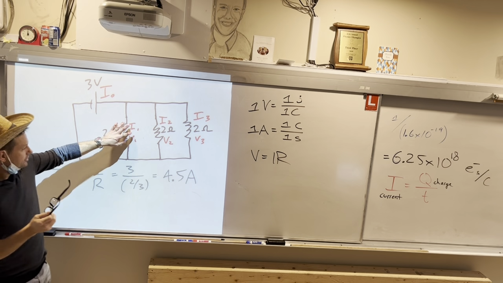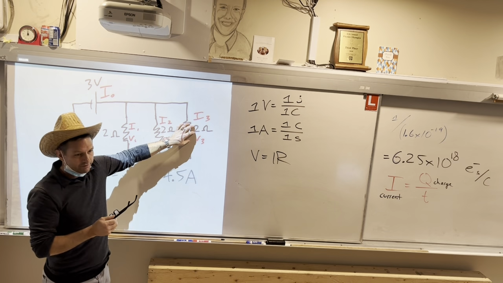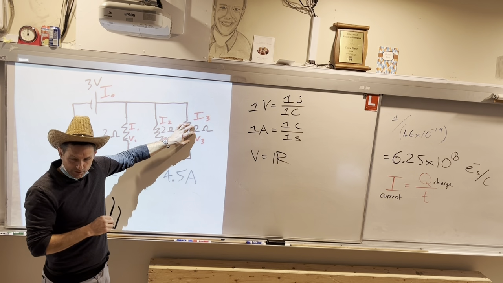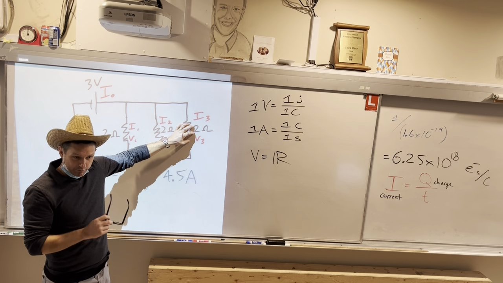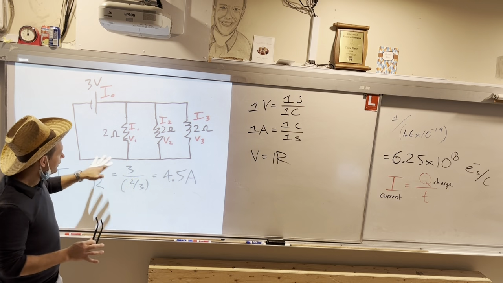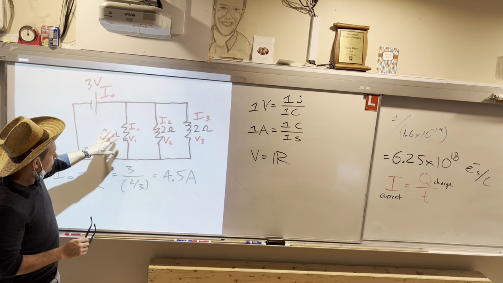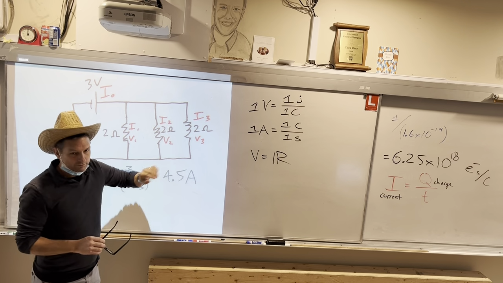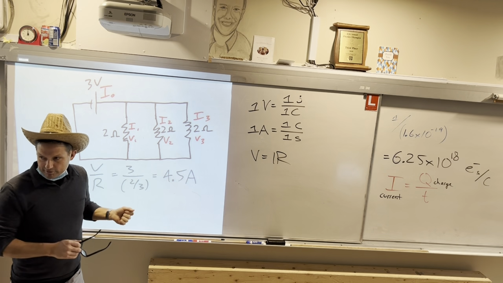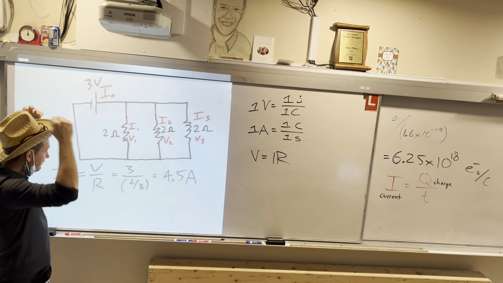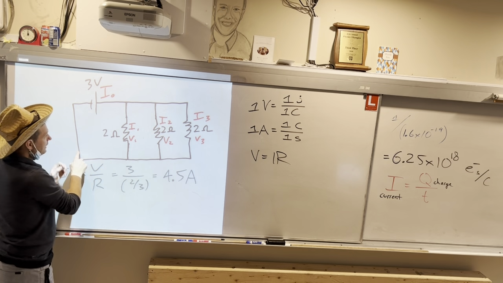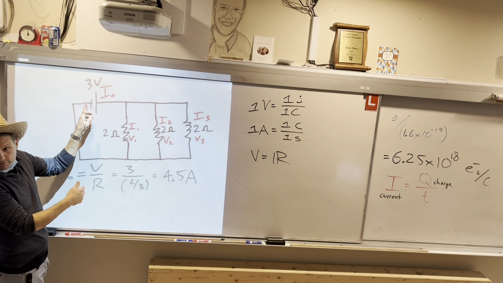In each branch of a parallel circuit, the voltage drop must be the same. So it doesn't even matter what value of resistor there is. The reason for that is because you can't have a truck coming back to the battery with energy.